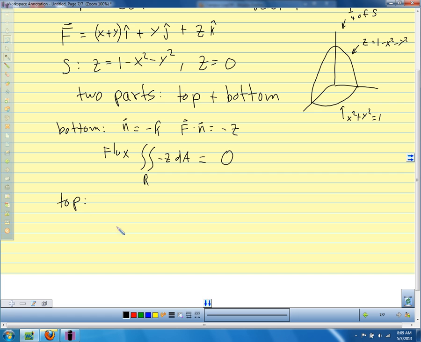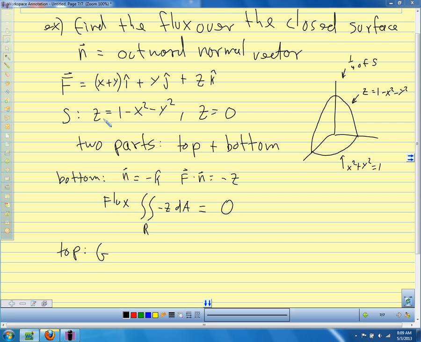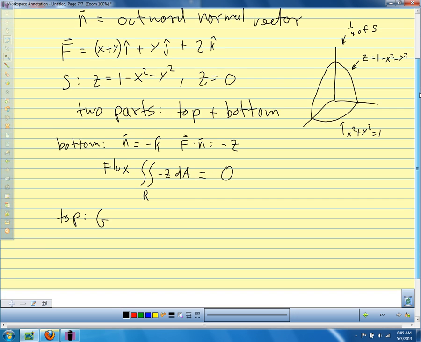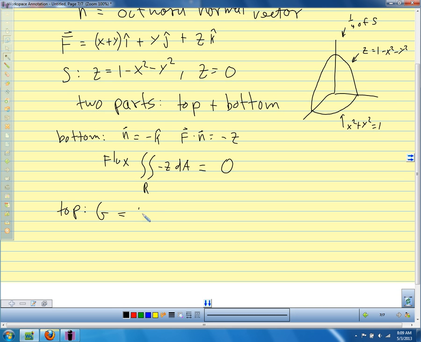So on the top, capital G for our surface is z plus x squared plus y squared minus 1, so we can find our normal vector. Del G gives us our normal vector. Del G, in this case, is going to be 2x i plus 2y j plus k hat.